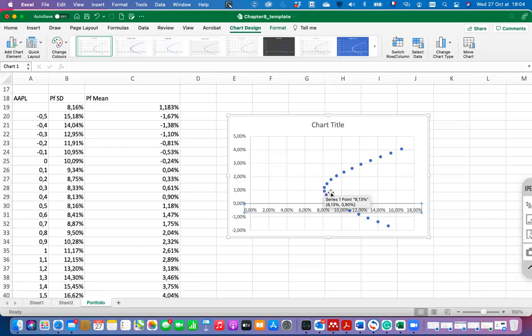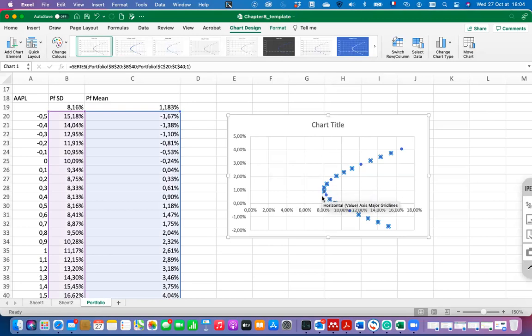Okay, guys. Now there's a particular point, which is the inflection point. The inflection point is called the minimum variance portfolio. This is the minimum risk you can get here, 8%. For 8%, you earn practically almost 1% of return.